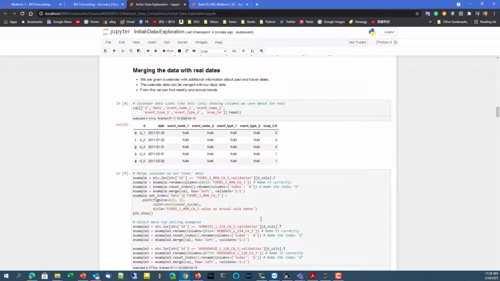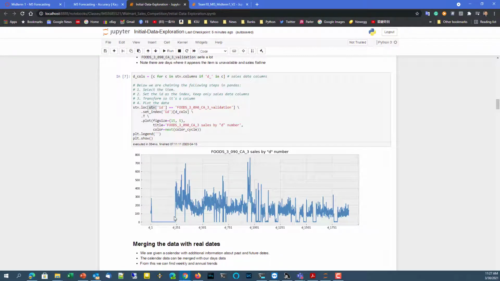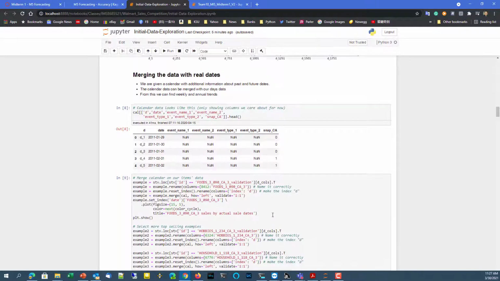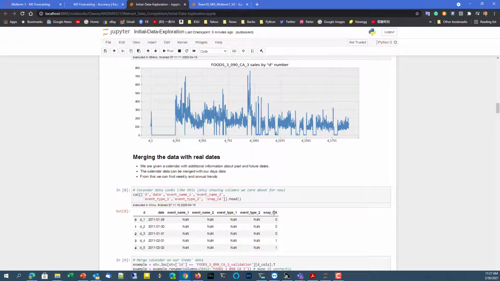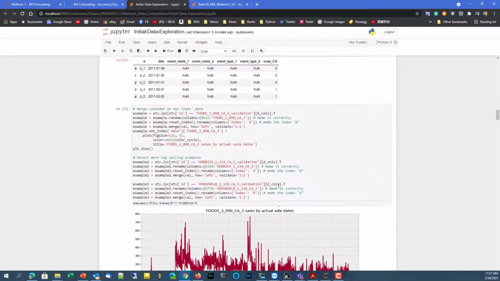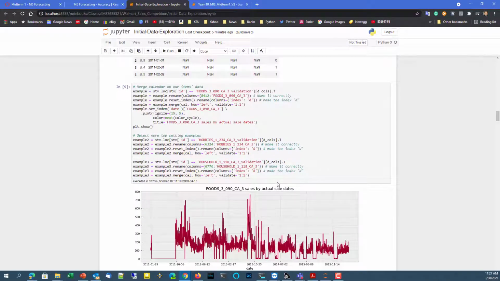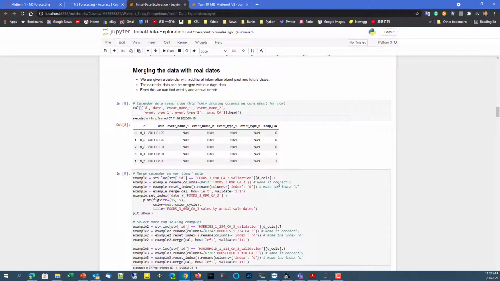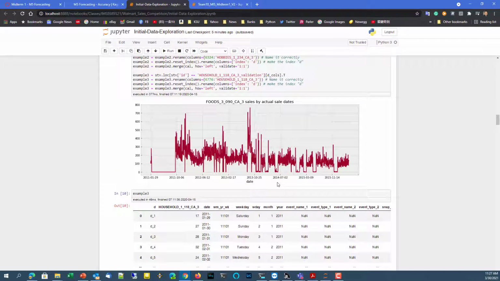I don't think so. Oh, this is a calendar. Don't worry about it. Yeah, you just have to match the D with the D over here. You see what I'm saying? And the snap is actually in event. We didn't do any kind of event analysis.